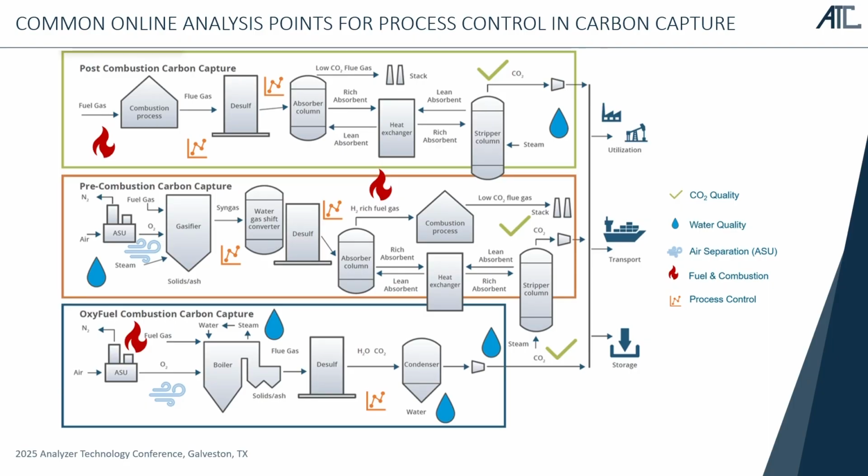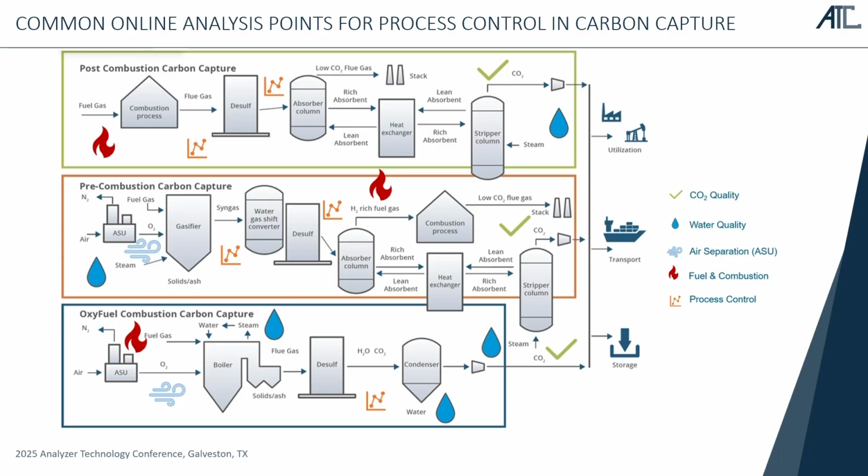Now, people use phase separation. They use selective membranes that do the carbon capture. But the most common approach out there is actually using an absorber column. And they're going to use ammonia or MEA or another amine to go in and strip the carbon out of the emissions stream.